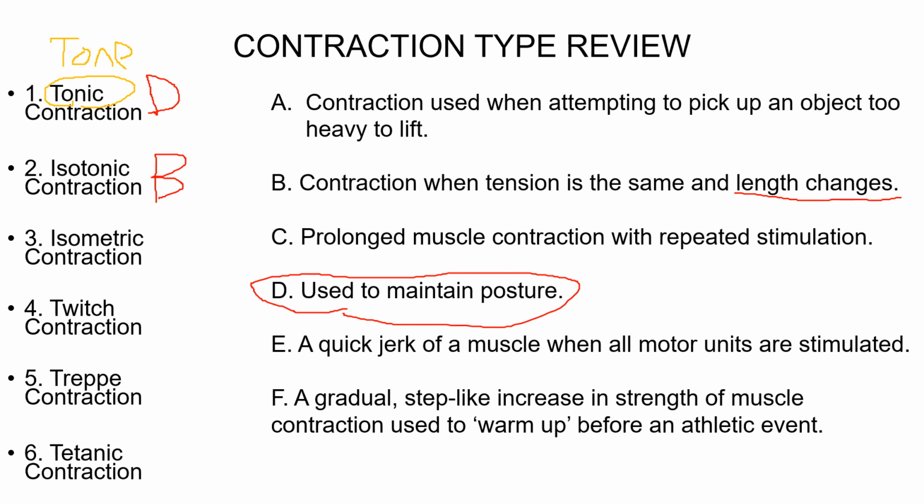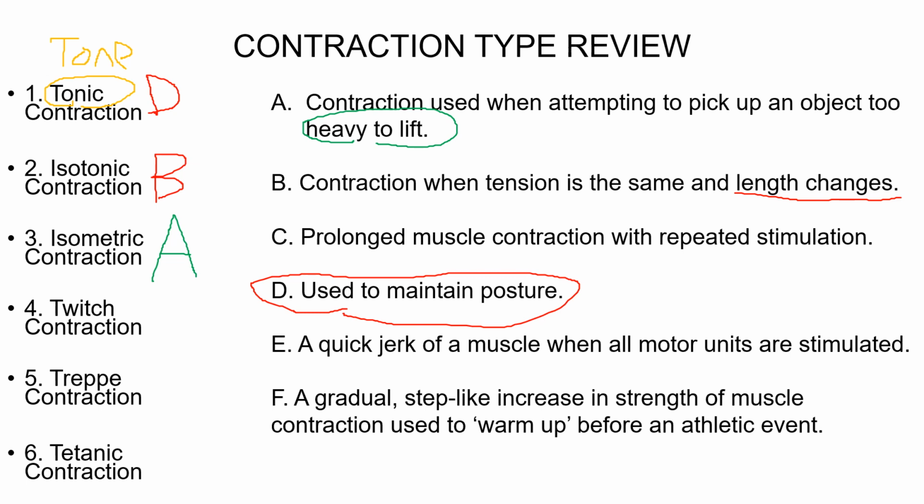Isometric is where you're contracting but the muscle length is not changing. And the examples I gave you were a plank, a wall sit, or lifting something too heavy, right? My bench press where I get stuck, that kind of thing. You're not going to be able to move the joints and the muscles the way you want to. So that would be an isometric contraction.